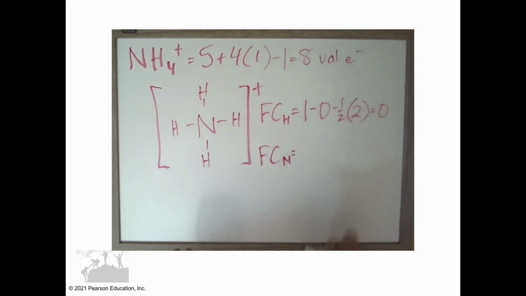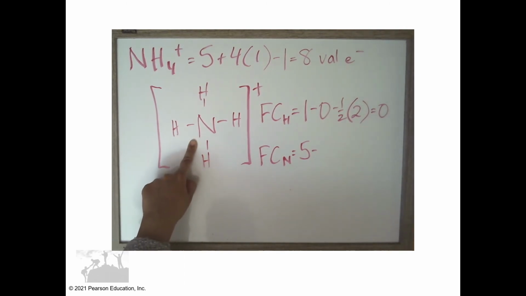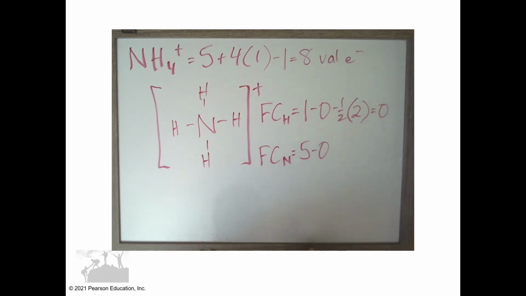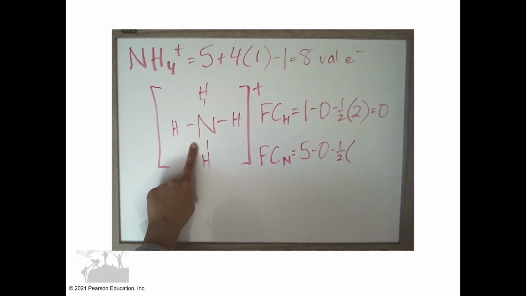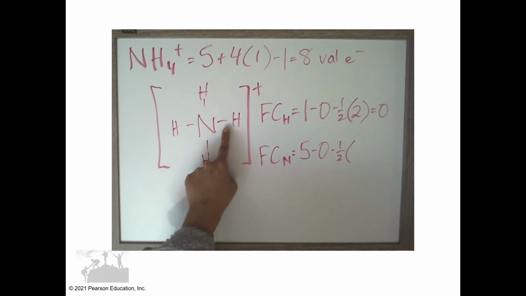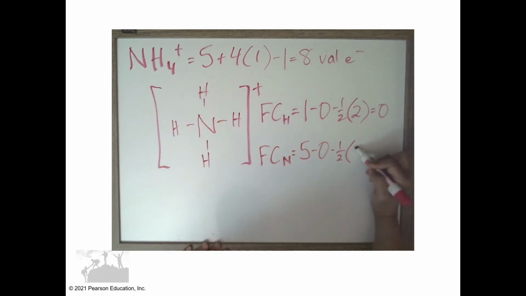Now let's do the same thing for nitrogen. We already said that it has 5 valence electrons. We don't see any dots or any lone pairs, so the number of non-bonding electrons is 0. How many bonding electrons does nitrogen have? It's got 2, 4, 6, 8.